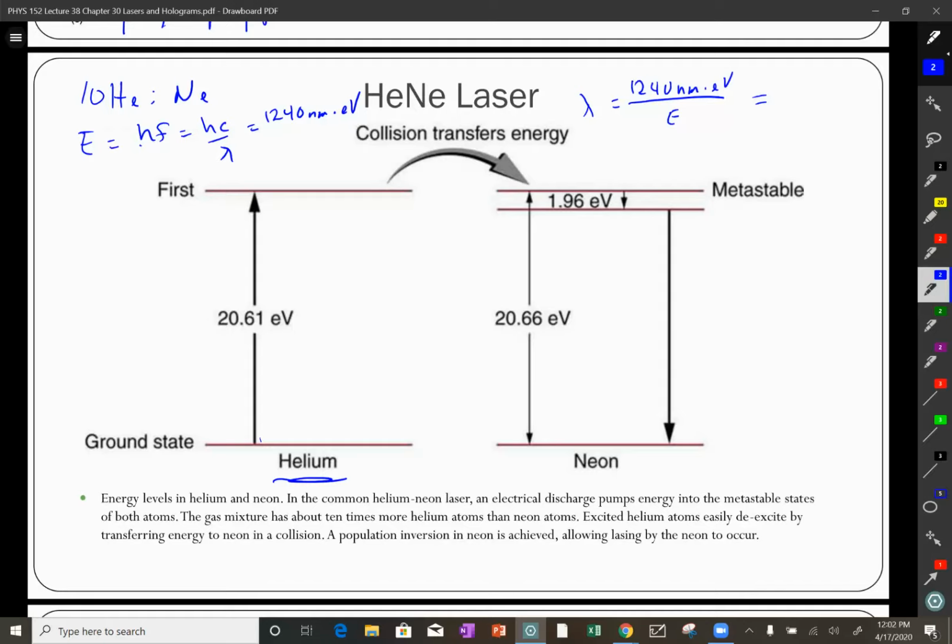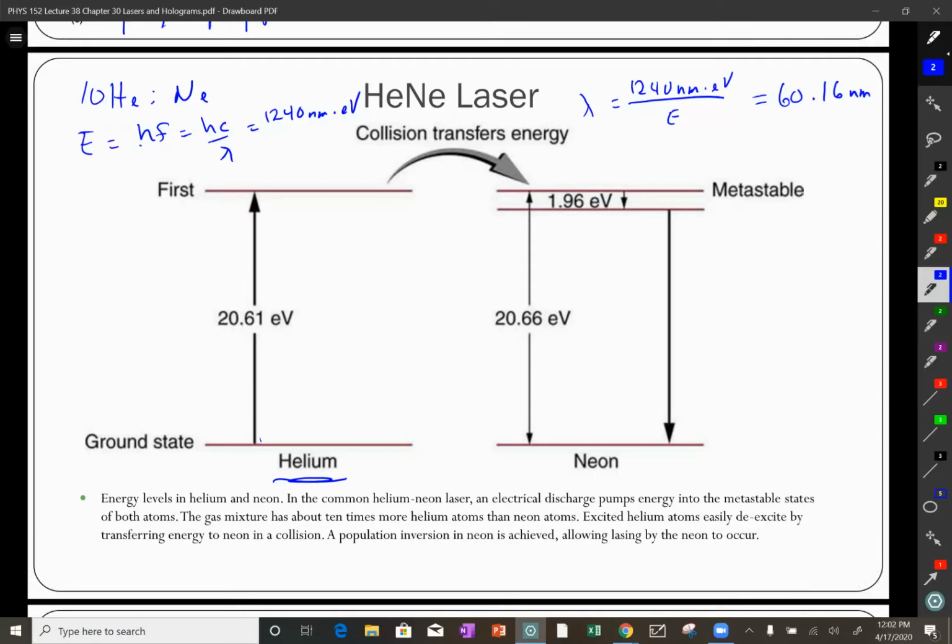So putting my numbers in, 1240 divided by 20.61, and that's equal to 60.16 nanometers. What kind of light is that? Is that visible, radio, microwave, ultraviolet? Ding, ding, ding. That's ultraviolet. Very high energy for the pumping.